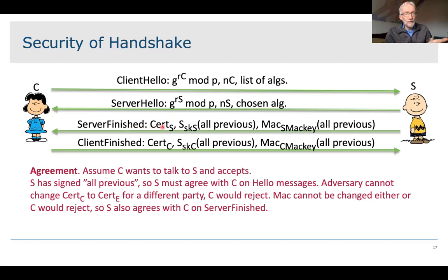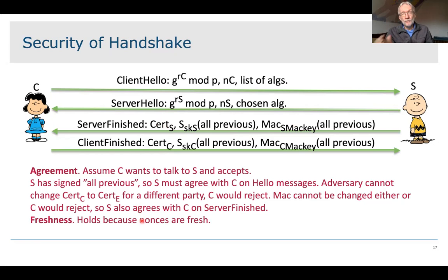So you can't put in a different certificate with a different name, or C would reject. And if you cannot change the certificate to something else, then you cannot falsify the signature here. You have to simply relate the signature and the MAC that the server has sent. So this means that we agree on the first three messages, and therefore we also agree on the keys.